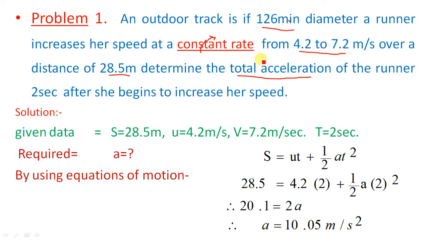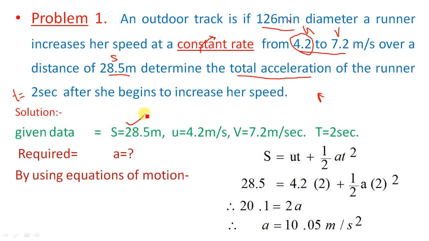Okay, so in this problem, did you notice what is given? 4.2 is the initial velocity, that we can call u, and the final velocity is 7.2 meter per second, and s is given 28.5 meter, and t is mentioned as 2 second, and we have to find out a.